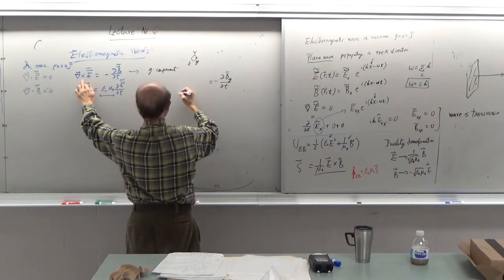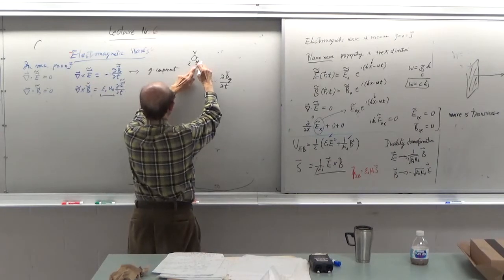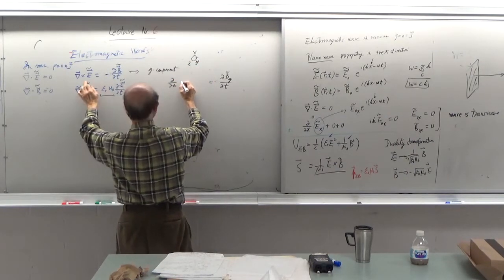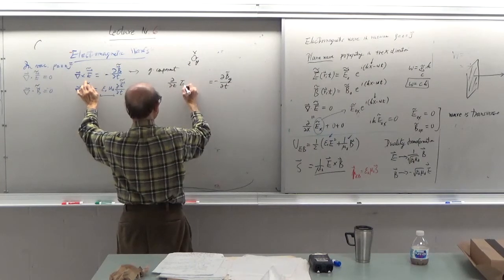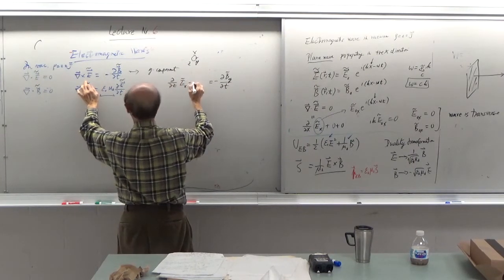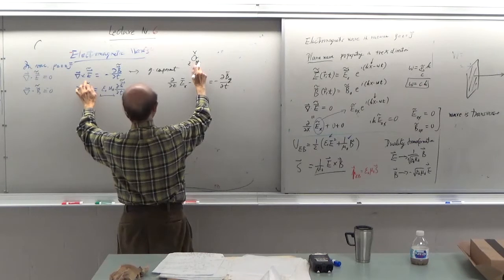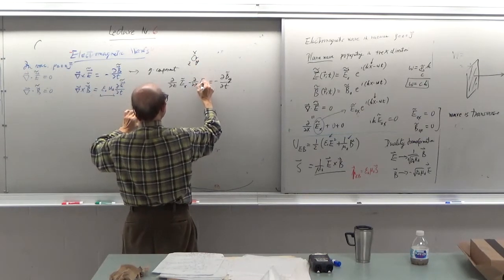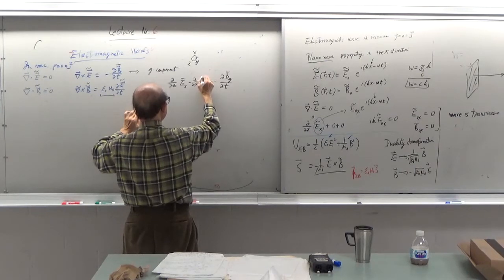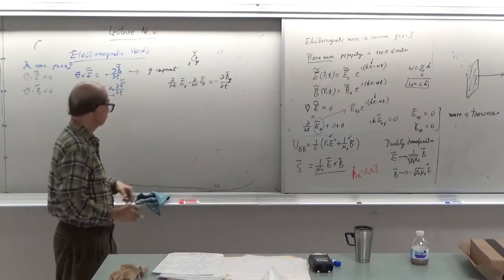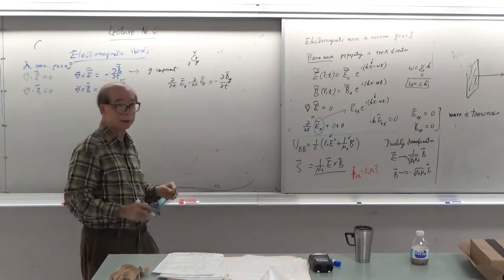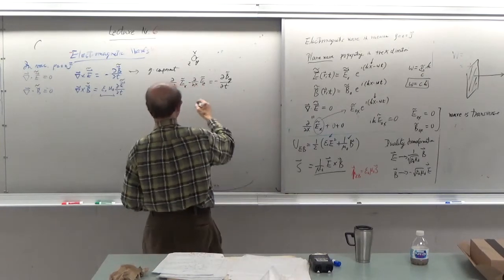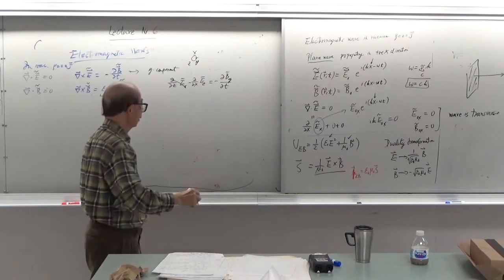The y component is del by del z of E x, minus, the other way around, del by del x of the z component of E. The x component of the electric field E is 0. So we find the first term is not there.